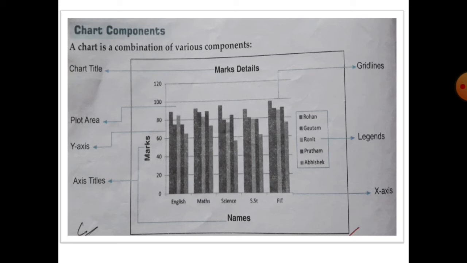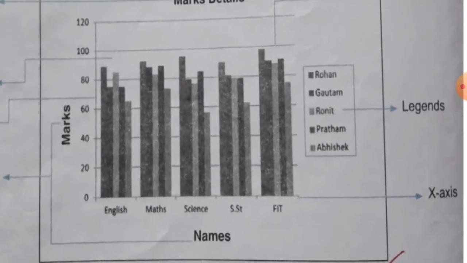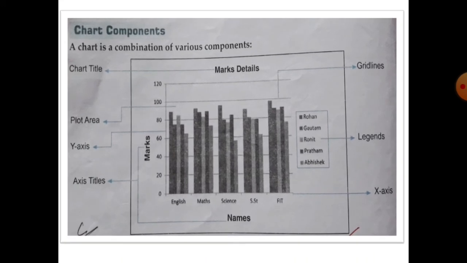This is a horizontal axis of the chart on which each category is represented. That is called x-axis. You can see here x-axis, the vertical lines, right? It is called x-axis.